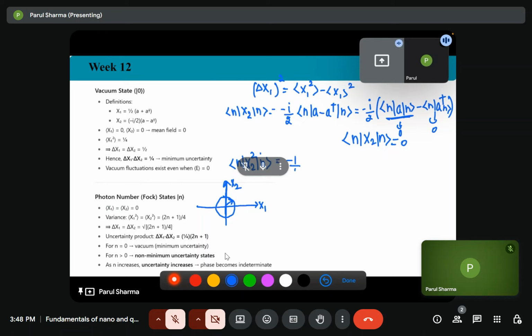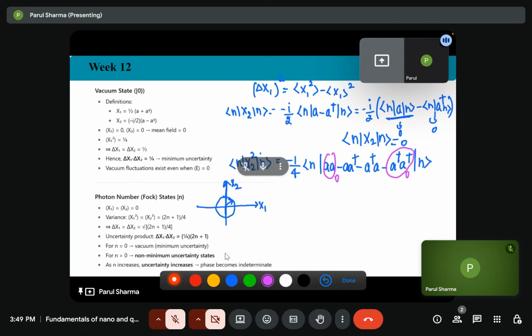It is minus 1 by 4 times a minus a dagger, times a minus a dagger. So again, this quantity will give us 0, this quantity will also give us 0.